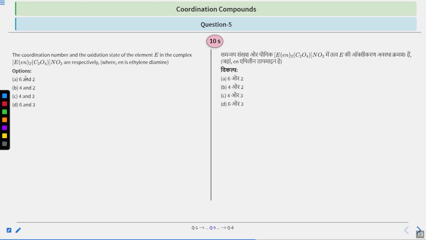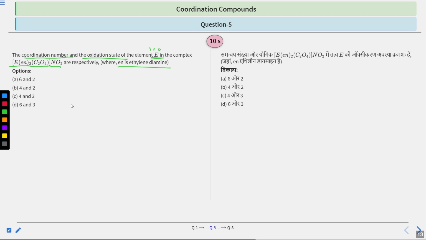Question number 5. The coordination number and the oxidation state of element E in the complex [E(en)2(C2O4)]NO2 are respectively, where en is ethylene diamine. What we have to tell is the coordination number and oxidation state of element E. Options are 6 and 2, 4 and 2, 4 and 3, or 6 and 3.